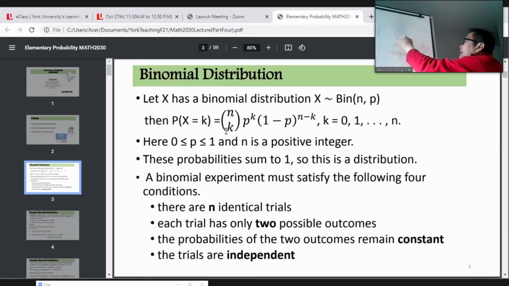N is what? Sorry, 200 is N. This is P. So I'm talking about expectations, so I use E. So we got a formula that is NP. You see, you guys are very smart. Before studying this course, you know the formula.